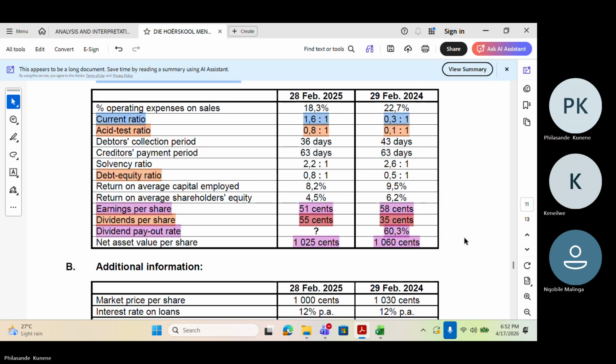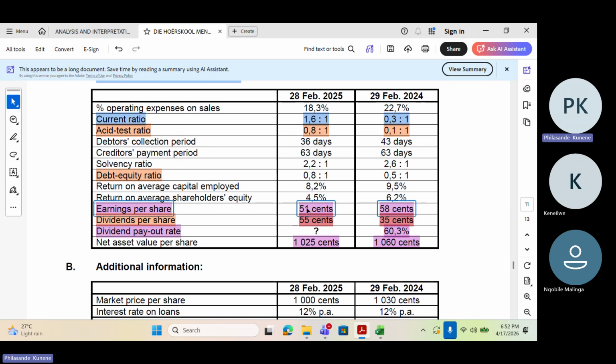But for the company expansion, it makes it impossible because now, if you're earning 51 cents and you pay 55, where is the extra 4 cents coming from? It is definitely coming from the reserves, which is the retained income, because you cannot earn 51 and pay 55. What kind of business is that?